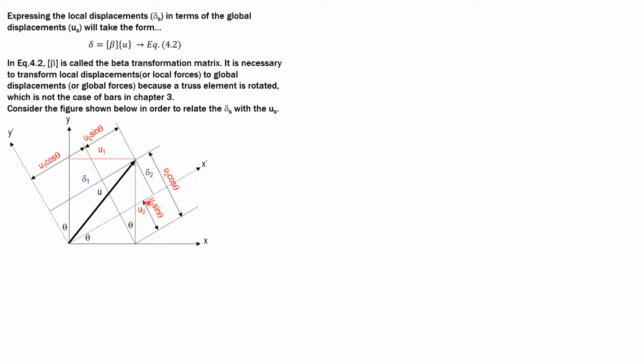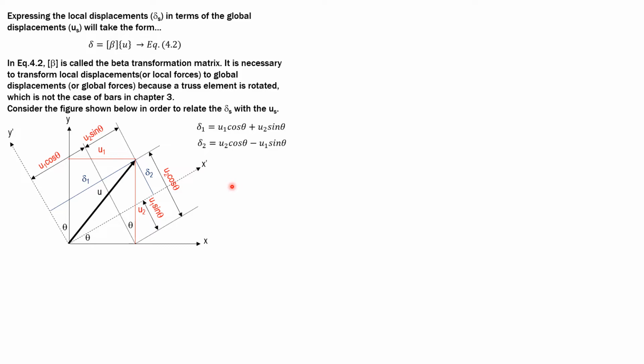Then this component of this right triangle is u1 sine theta. So delta 2, on the other hand, is u2 cosine theta minus u1 sine theta. So delta 1 is u1 cosine theta plus u2 sine theta, and delta 2 is u2 cosine theta minus u1 sine theta.